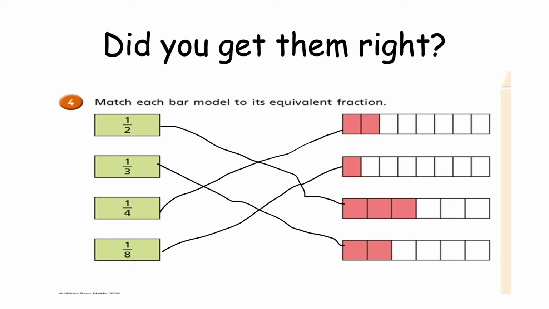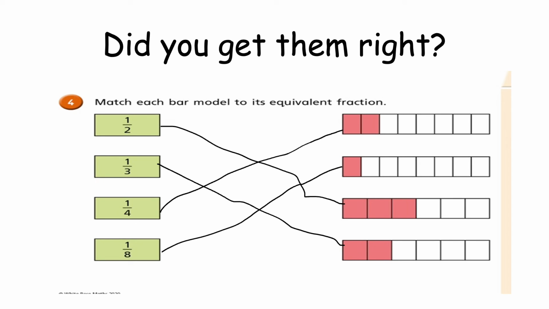I then did 1/8 because there's 8 equal parts and 1 part has been shaded. So then I had a third and a quarter left. So I had a look at the top strip and I can see that there is 1, 2, 3, 4, 5, 6, 7, 8 parts.